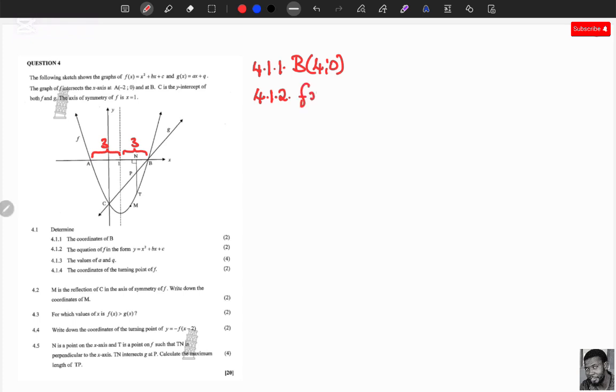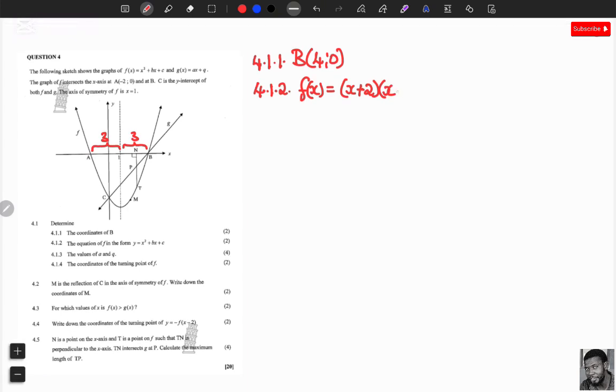We'll say f of x equals, a is 1, so we can say x plus 2, and we're going to have x minus 4, and this will result in f of x being x squared minus 2x minus 8.